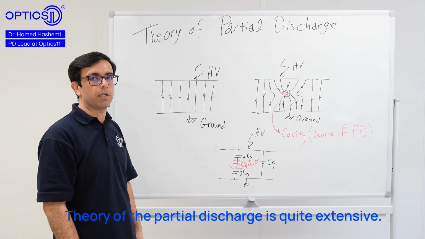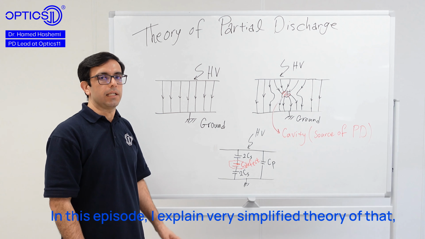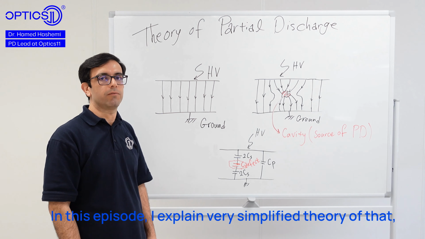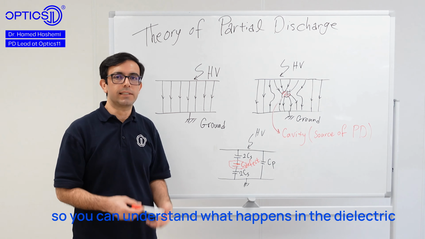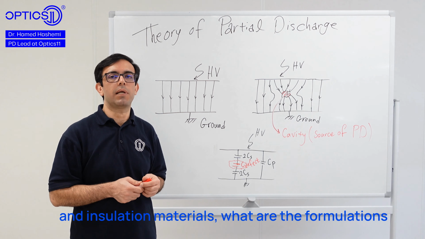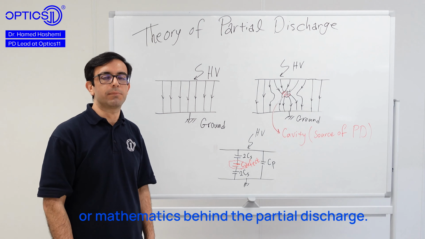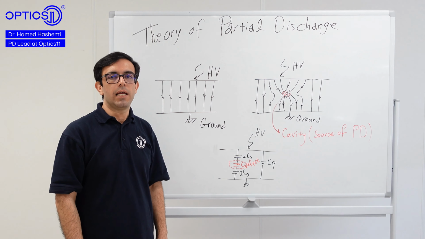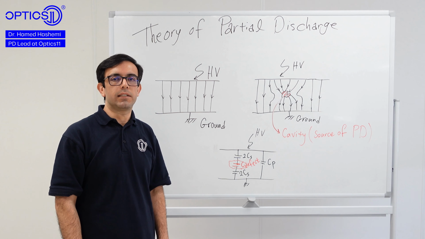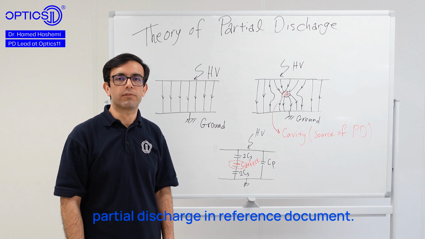The theory of partial discharge is extensive, but in this episode I explain a very simplified theory, so you can understand what happens in the dielectric and insulation materials, and what the formulations or mathematics behind partial discharge are. After that, you can read the detailed specifications and explanations about partial discharge in reference documents.